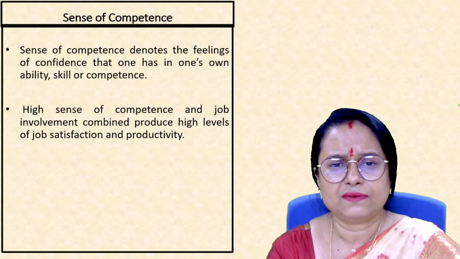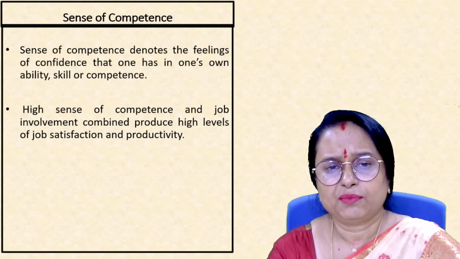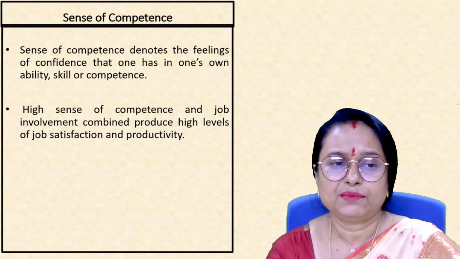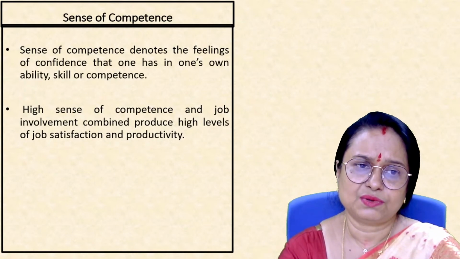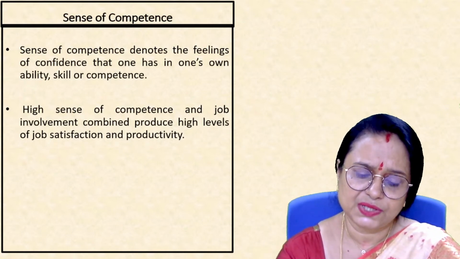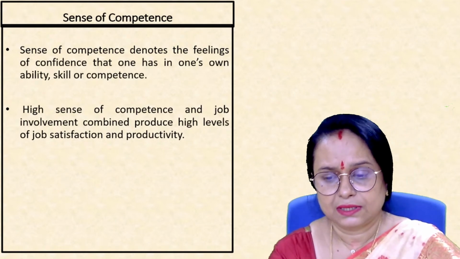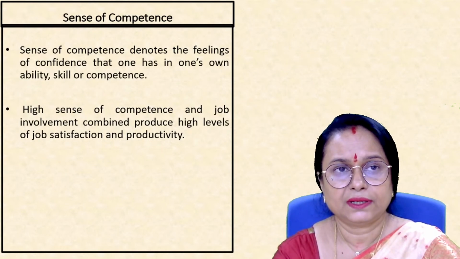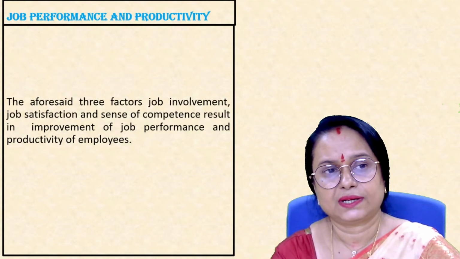A high sense of competence and job involvement combined produces high levels of job satisfaction and productivity. So it leads to job satisfaction also, as well as high productivity. So this is the third factor of quality of work life. Then we'll see the fourth factor of quality of work life.